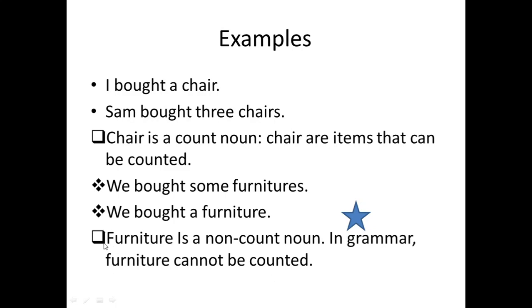This is important. Furniture, we can't say a furniture. We can't count furniture simply. And we can't pluralize furniture. We can't do this. So both these 2 examples are wrong. Because in grammar, furniture cannot be counted.